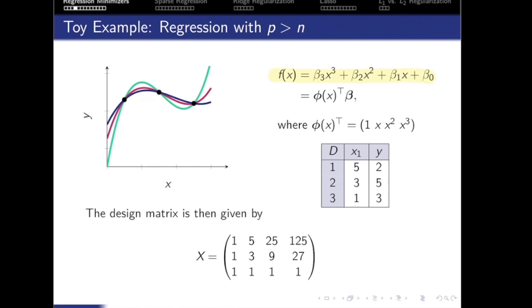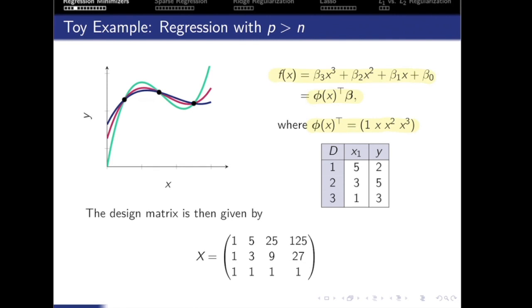The trick in regression to arrive at our general formulation of minimizing the residual sum of squares was to write our function as an inner product of a function phi, which transforms our features to another space, with our regression parameter vector beta. Here in this case phi of x transposed is given by this vector. And then we have our silly data.